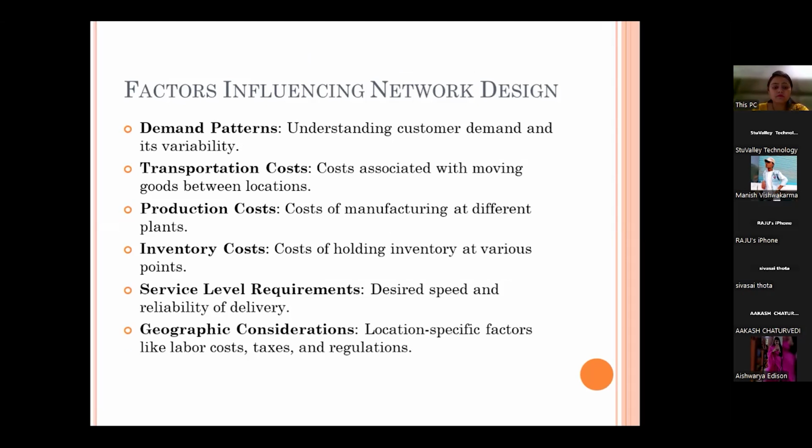Many factors influence the network design, by which we find the most effective economical network that will be applied to the business.